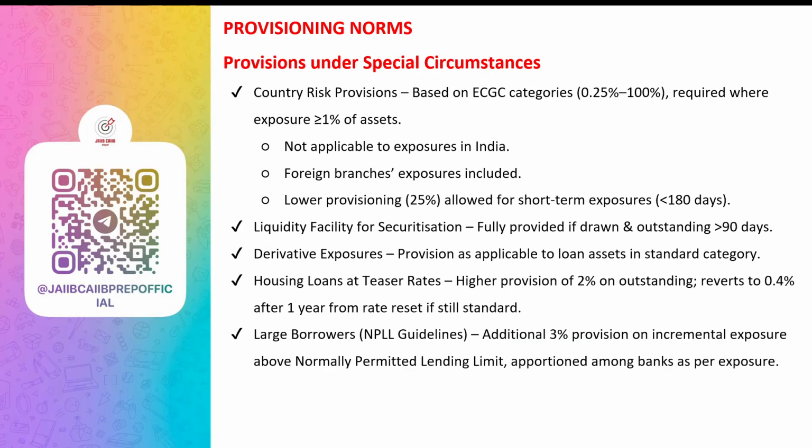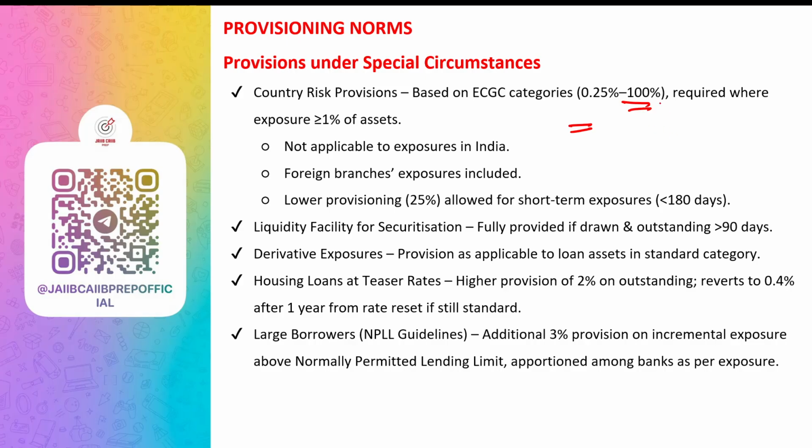Country risk provisions. So if banks lend money abroad, they face country risk of default due to political or economic conditions in that country, and the provisioning depends on the ECGC risk rating of that country. So if the risk is insignificant, then the provision required is 0.25%. Low is 0.5%. For moderate, it is 5%. If it is high, 20%, very high, 25%, restricted or off credit 100%.